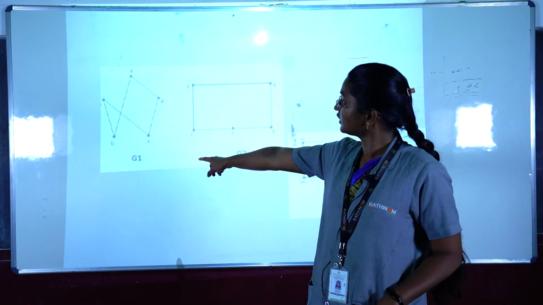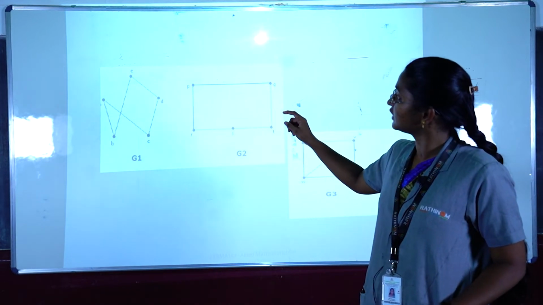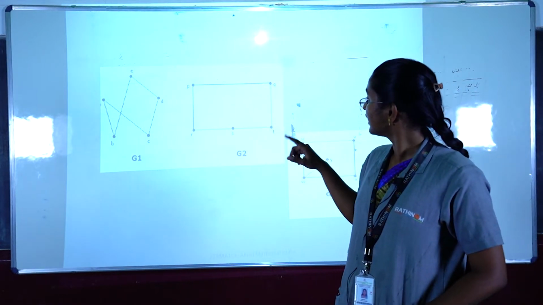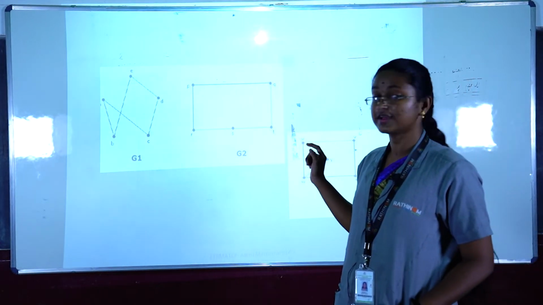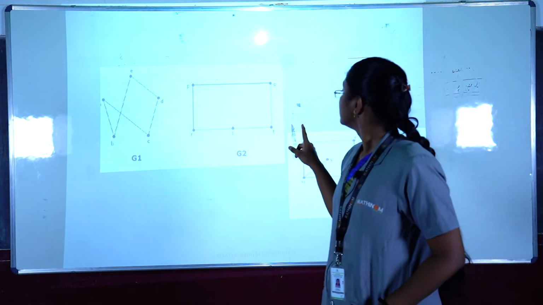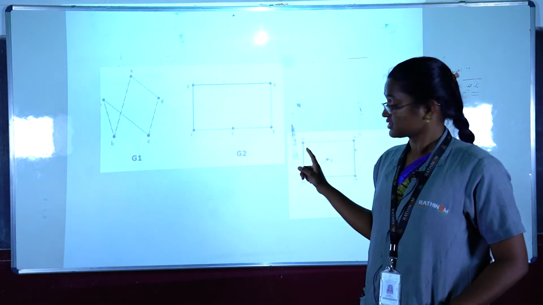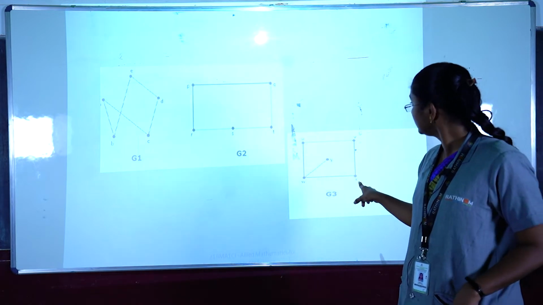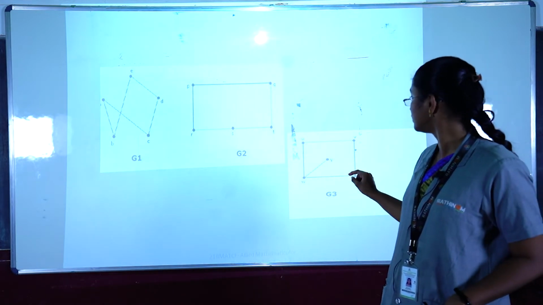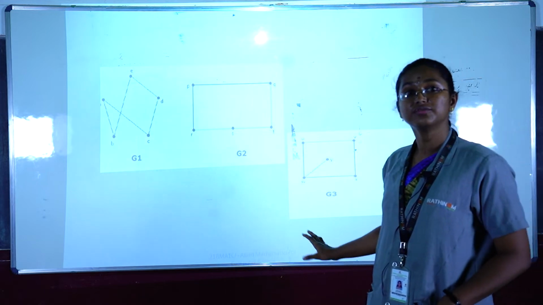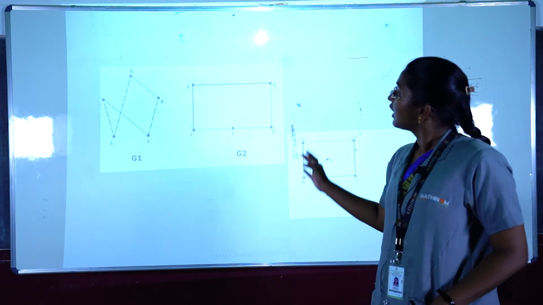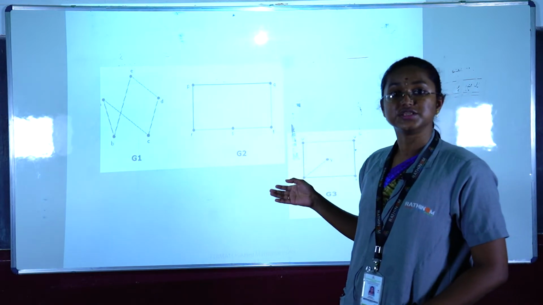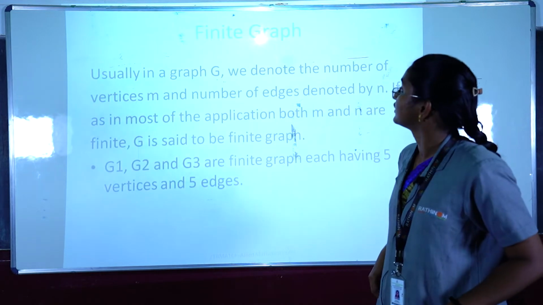In G1, A, B, C, D, E are the names of the vertices, and in G2, P, Q, R, S, T are the names of the vertices. Similarly, in G3, U, V, W, X, Y are the 5 vertices, and the lines between these vertices are called edges.